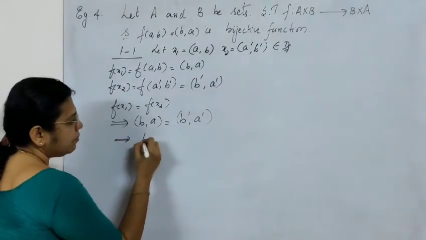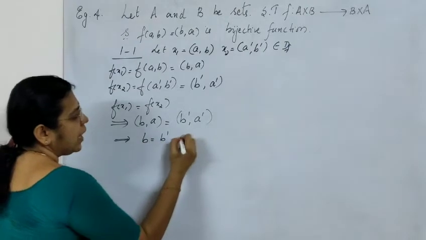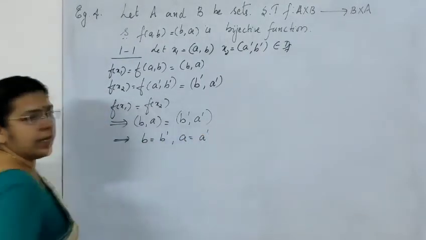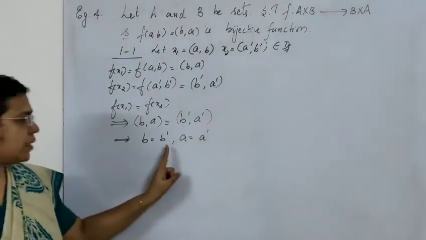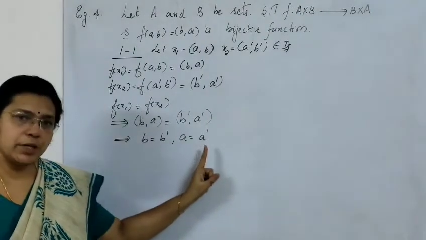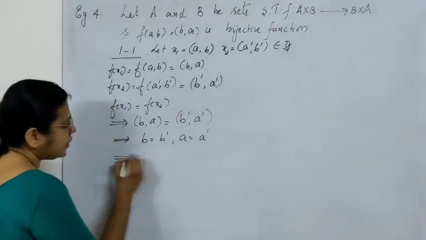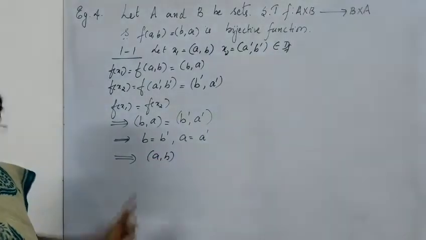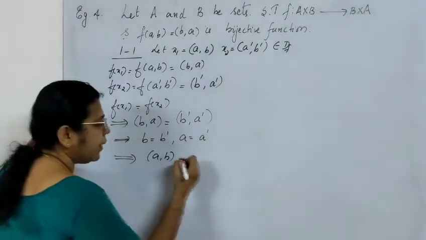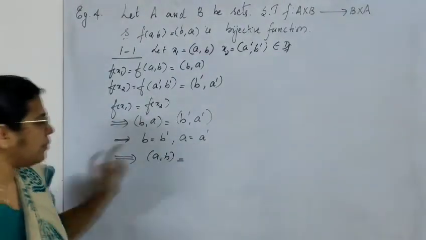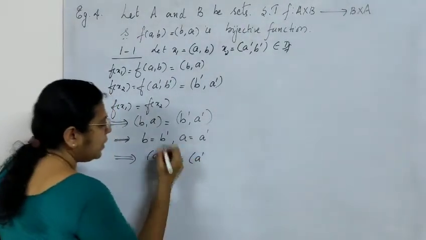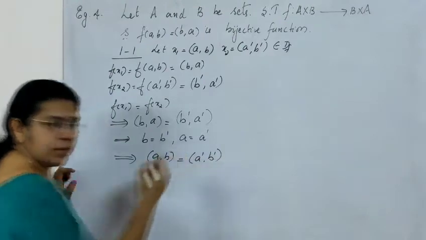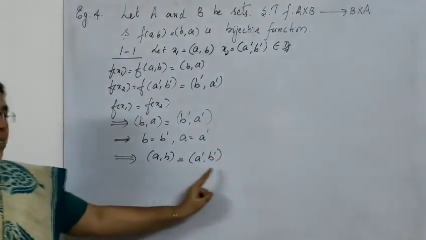This implies b is equal to b' and a is equal to a'. Now, what can you say about the ordered pair (a, b)? The ordered pair (a, b) is the same as a is the same as a', b is the same as b'. Ordered pair (a, b) is the same as (a', b').